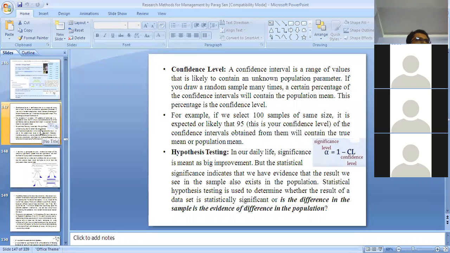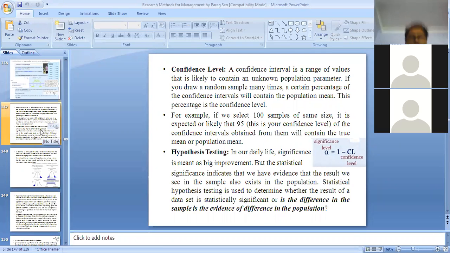Okay, now we know that there are two different hypotheses. One is the null hypothesis and the other is the alternative hypothesis. The alternative hypothesis is also termed the research hypothesis. So what could be an example of a null hypothesis and an alternative hypothesis?